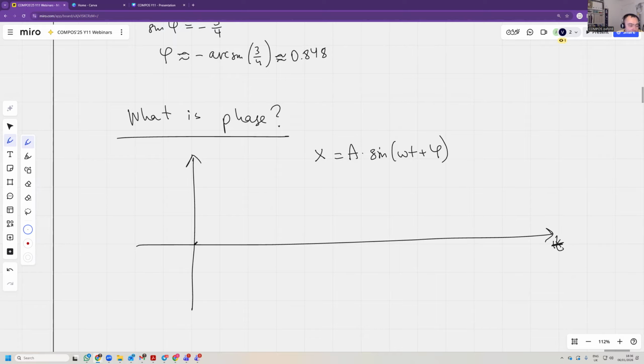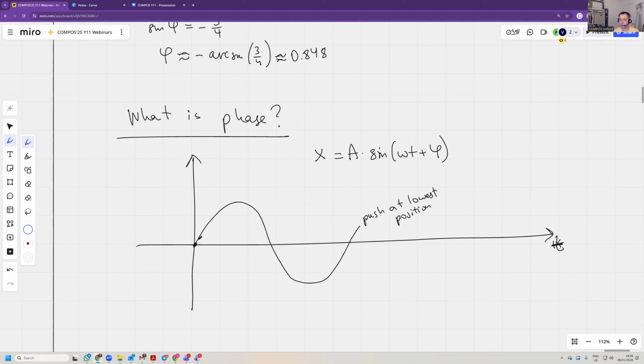So if you push the child at the lowest position, the child will go like this. So this is push at lowest position. That means at t equals 0, the child is at the lowest point. So you just push.